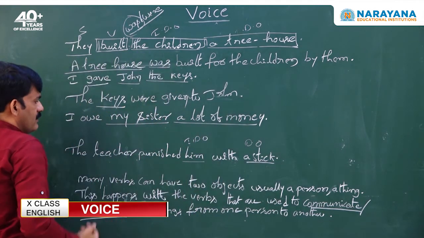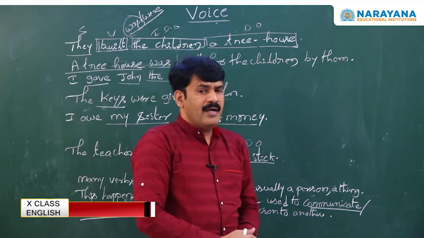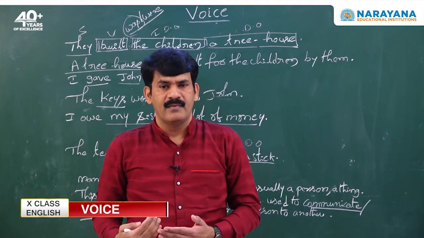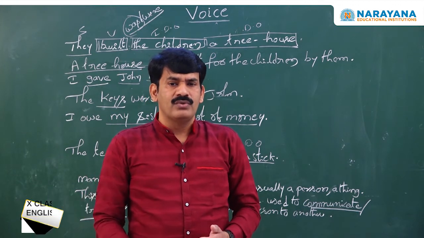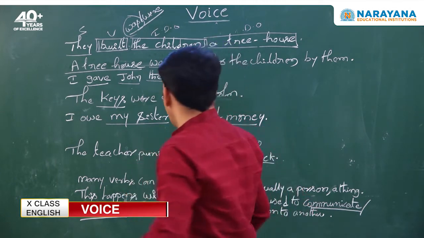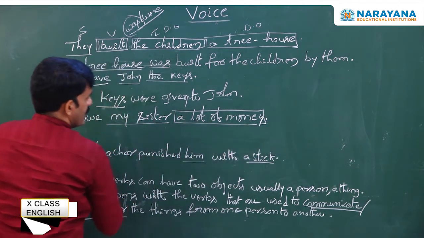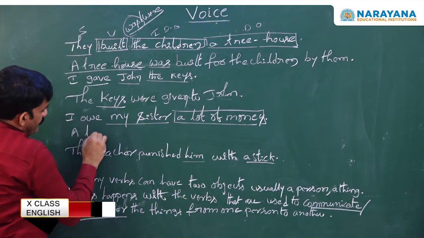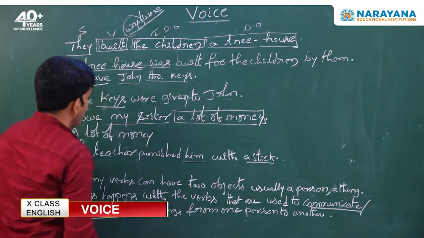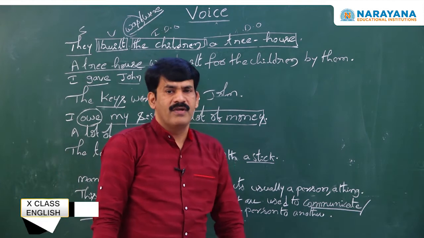Let us see the next sentence. I owe my sister a lot of money. What is the reason to talk about my sister? Because she is kind enough, she gave me a lot of money. So I am giving importance to money that my sister has given. So I need to start my sentence with money. So a lot of money is my subject of passive voice. A lot of money. Owe is V1.